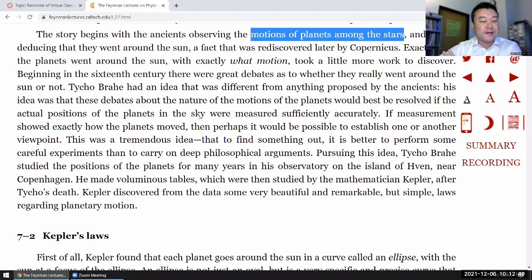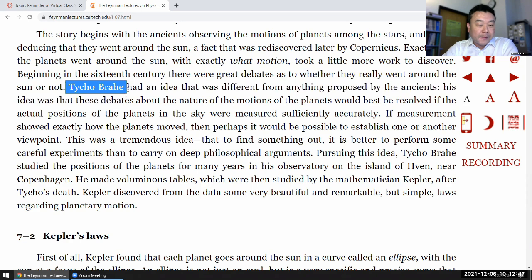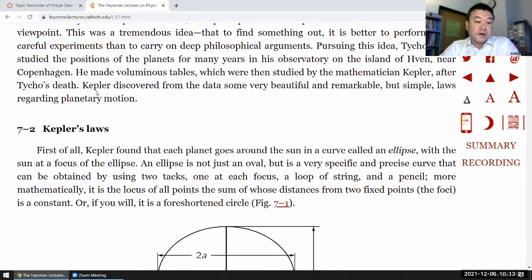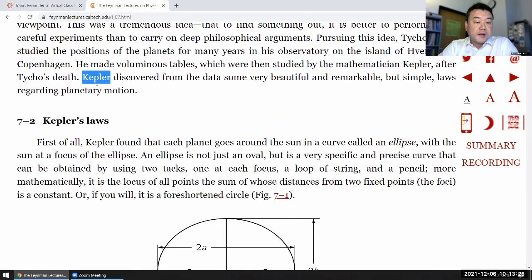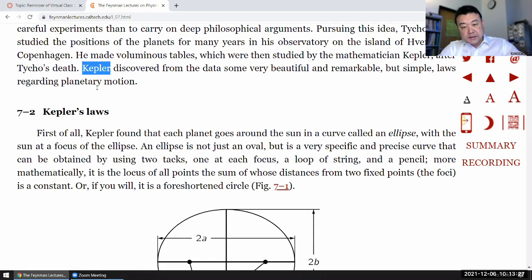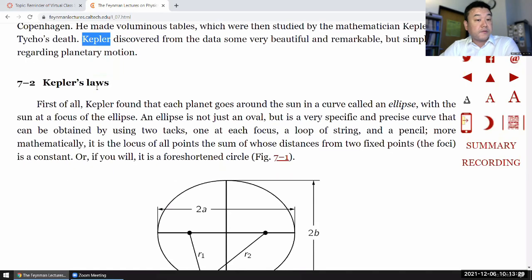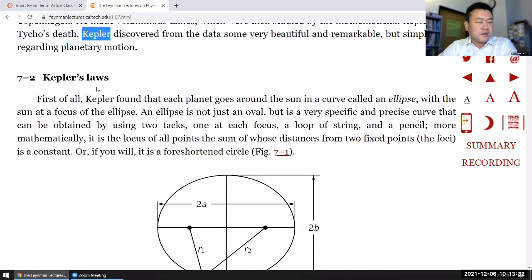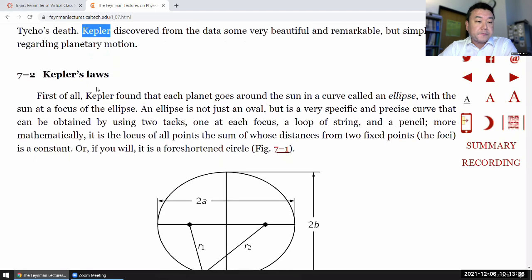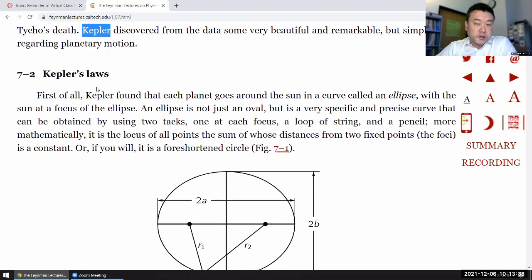He's beginning with the beginning of modern astronomy, which is the observations of Tycho Brahe, and Kepler is the guy who analyzed Tycho's data, and as he was analyzing it, he was able to deduce the following laws. These are what we might call phenomenological laws, in that his starting point was data.